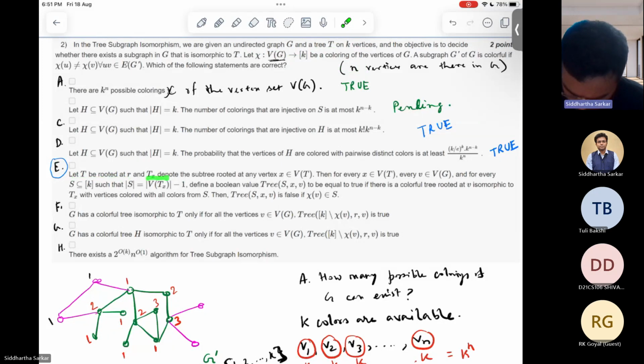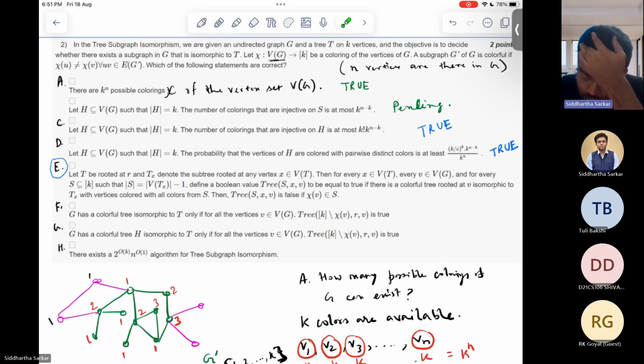and T sub x denotes the subtree rooted at any vertex x of the tree. Okay, then for every x in the vertex set of the tree and every vertex of the vertex set of the graph, and for every subset S of the k colors such that mod S, okay, what is mod S?